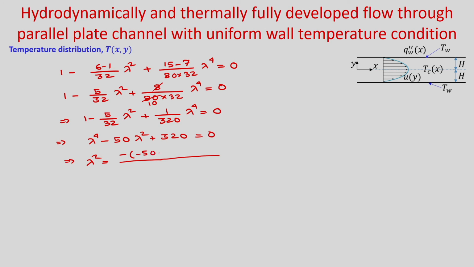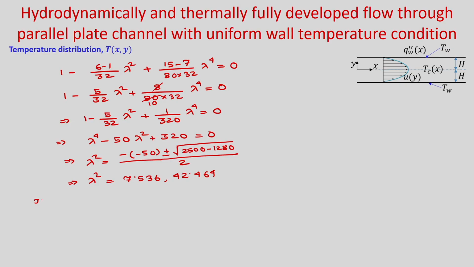So that means your lambda square will be minus 50 plus minus root b square minus 4 ac, so it will be 2500 minus 1280, divided by 2. That means you will have lambda square as 7.536 as one value and another value will be 42.464. If you take lambda square equal to 7.536, it will give a physically correct temperature profile, but if you consider lambda square equal to 42.464, then it will not give a physically correct temperature value.